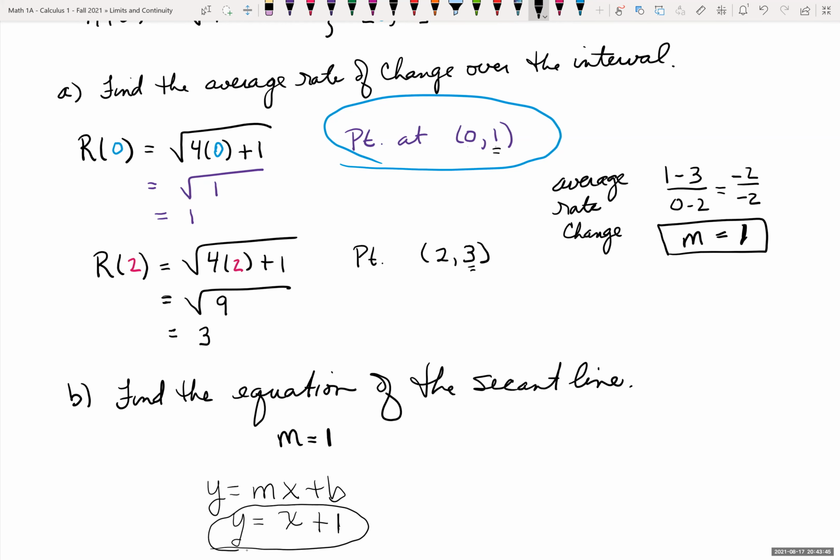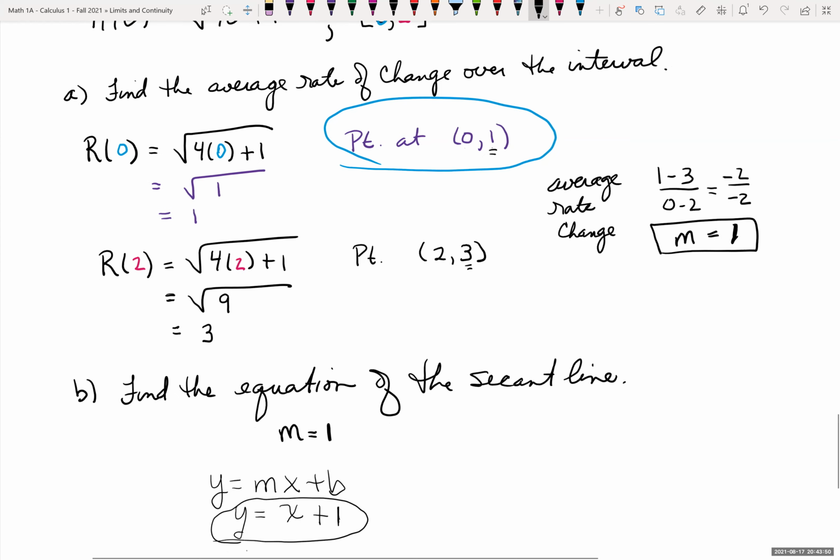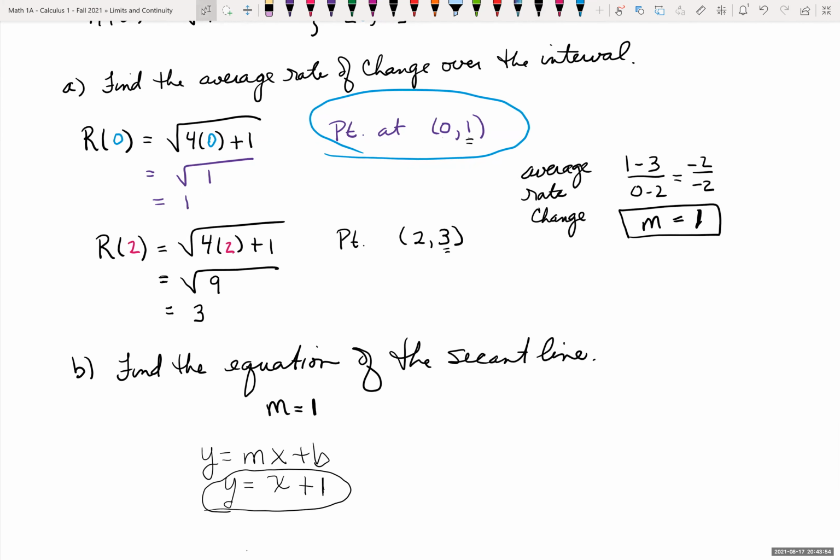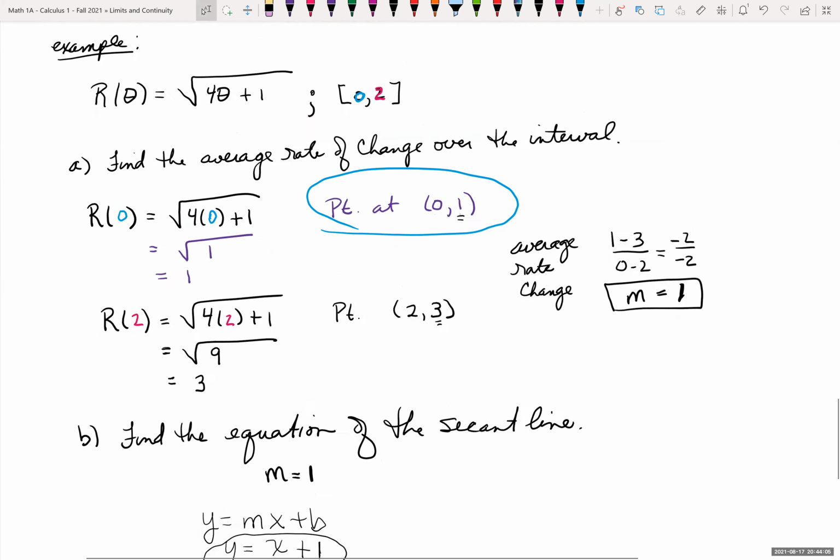And so let's look at one more thing here. Let's say we wanted, actually, I'm lying. Let's look at 2 more things for this question. Let's say we wanted to figure out what the instantaneous rate of change was at x equals 0.